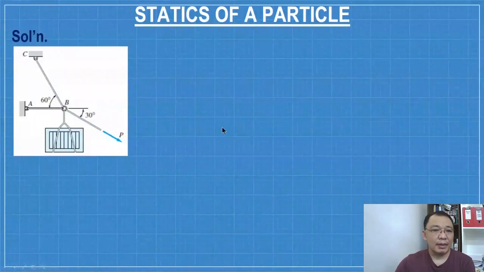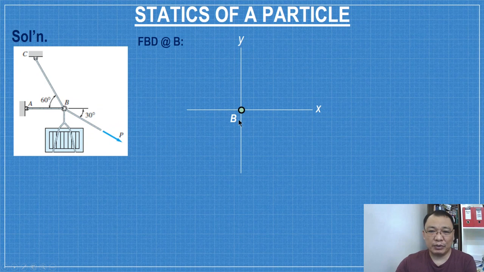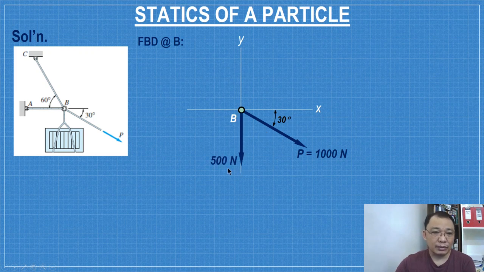Okay? So, after this, we draw the free body diagram. This is your FBD. This is point B. You have 1,000, 30 degrees, and then you have the weight, 500 newtons, of the crate, and then you have this one, TBC, 60 degrees tension.